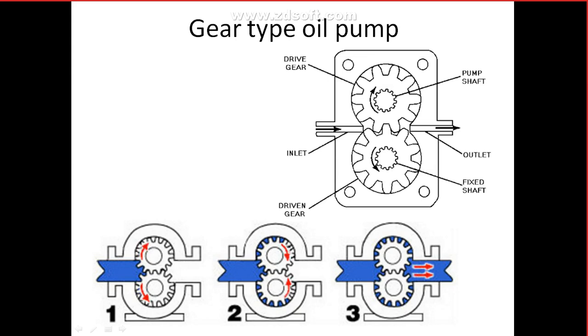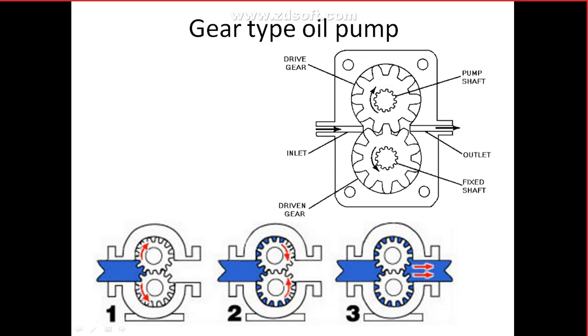Okay, so this gear pump has one inlet and another one outlet. Through the inlet, it takes lubricating oil from the sump, and it increases the pressure, and the pressurized oil will be sent to the outlet.